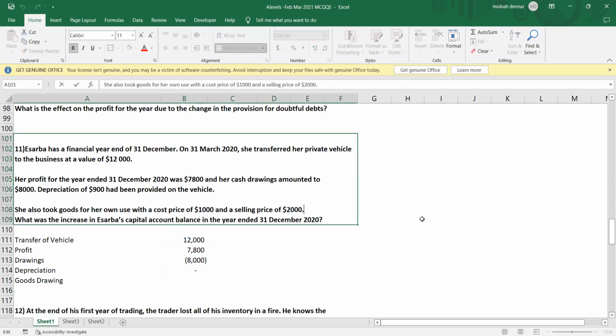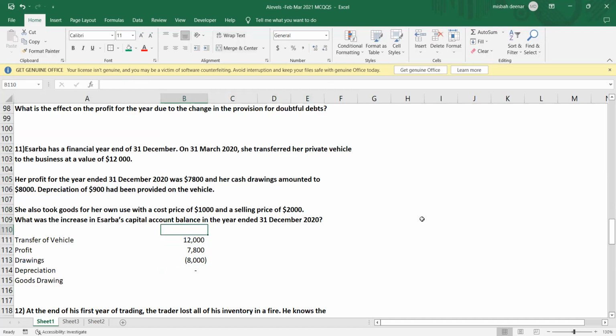Because depreciation of 900 had been provided already. So effect 0. Then drawings. So drawings at selling price or cost price? Drawings always at cost price. So 10,800 would be the effect increase. So 10,800 is the answer.